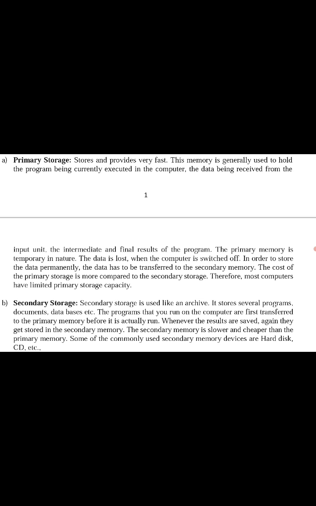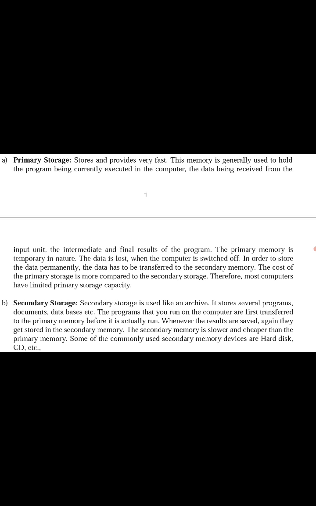Primary memory is a temporary memory because when we switch off the computer or power goes, the data or information, the applications, the programs stored in the primary memory are automatically erased or deleted whenever the power supply is gone, so it is called a temporary memory or a volatile memory.